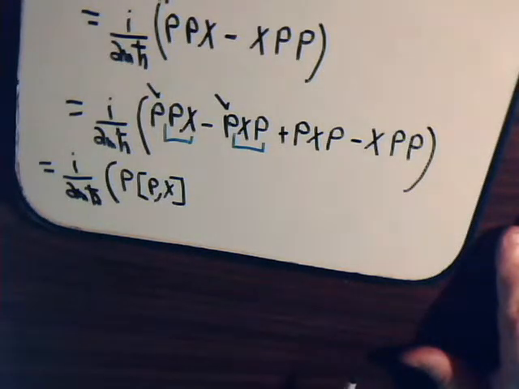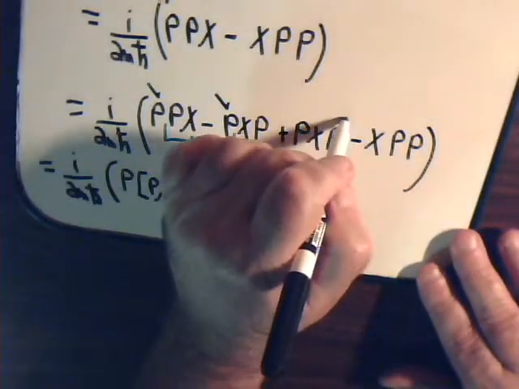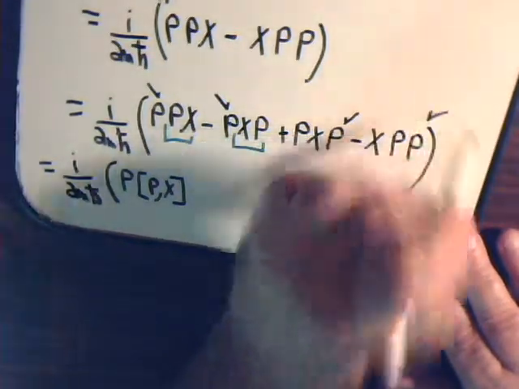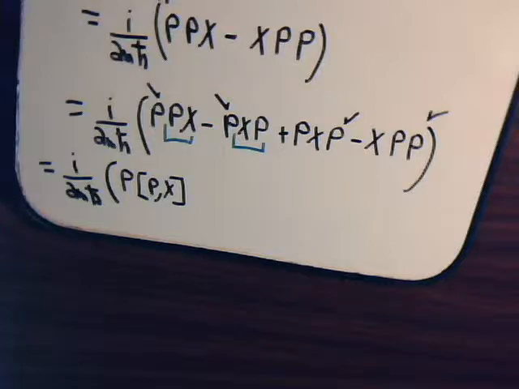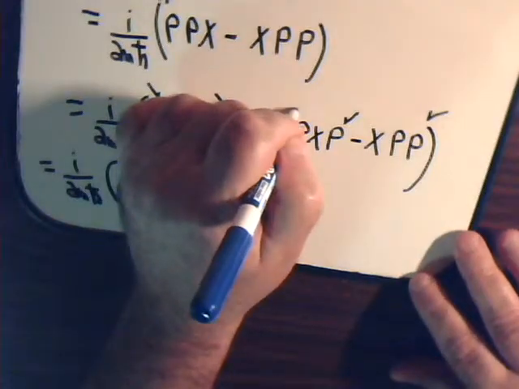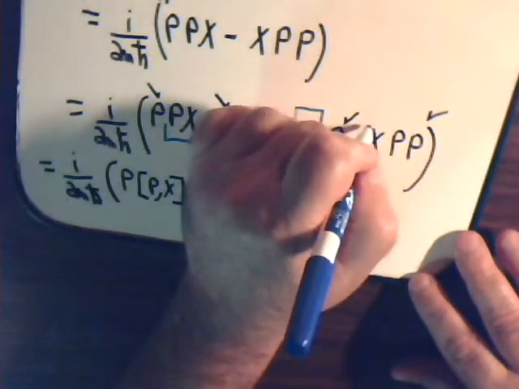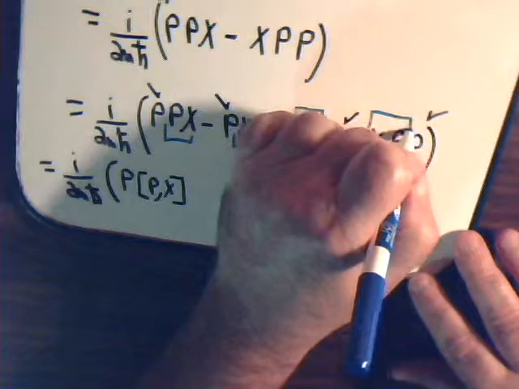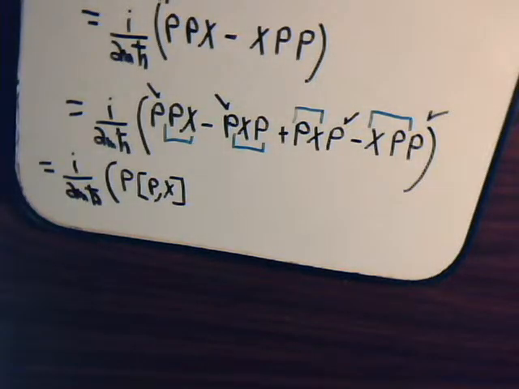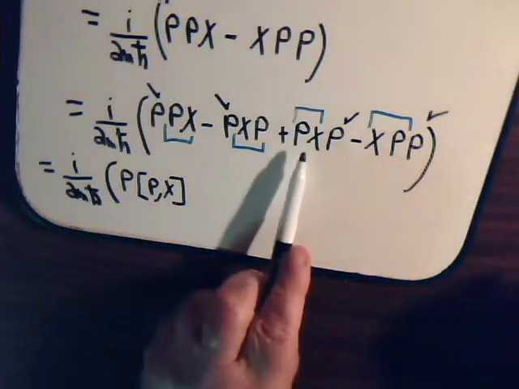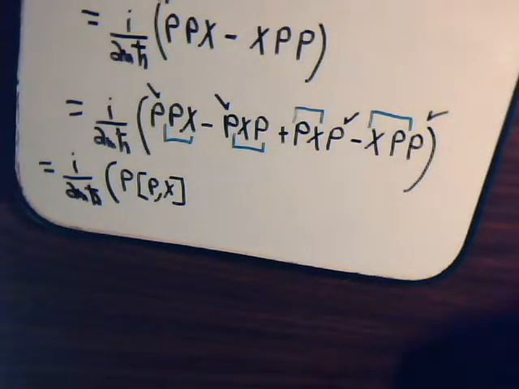Now if we go over here to this side, we have p and p. Now here we have px minus xp. So this right here, that would be the commutator of x and p.